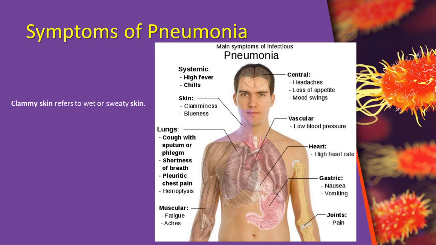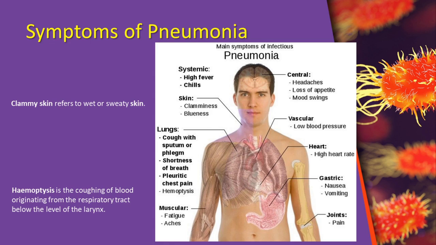Then when pneumonia infects the lung, the person will develop cough with sputum or phlegm. Then the infected person will experience shortness of breath, pleuritic chest pain, and hemoptysis. Hemoptysis is the coughing of blood originating from the respiratory tract. Then the person will experience muscular fatigue and aches.